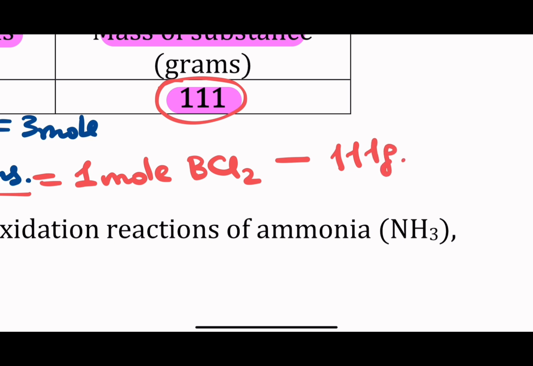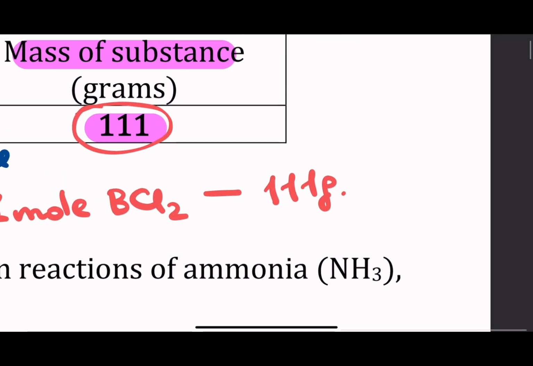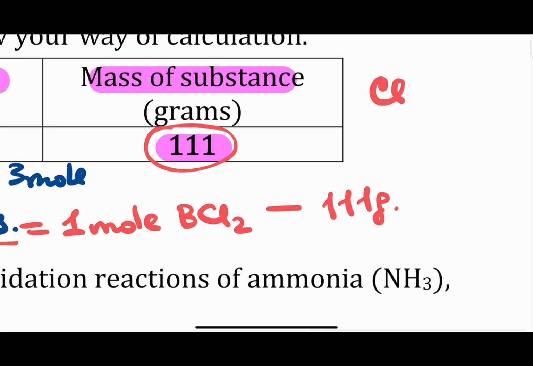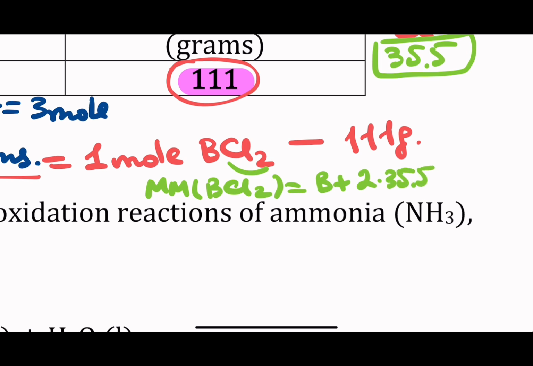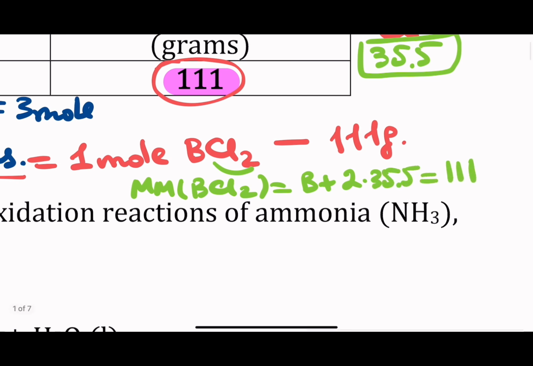So this is the molar mass of it, right? And when you look at the periodic table, chlorine has atomic number 17 and 35.5 is the atomic mass. Now, this is what we want. And because we have 2 of them, the molar mass of BCl2 would be B plus 2 times 35.5 equals 111.